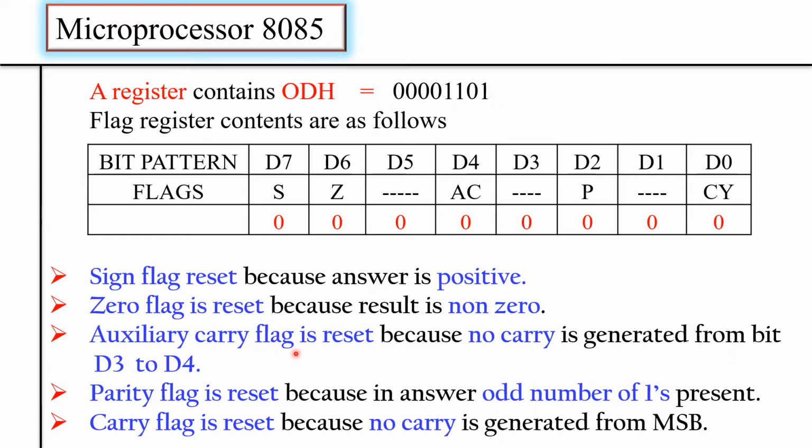The auxiliary carry flag is reset because there is no carry generated from bit 3 to bit 4 when we add the content of the accumulator with the content of register B. The parity flag is reset because the answer in the accumulator has an odd number of ones. The carry flag is also reset because no carry is generated from the MSB, the D7 bit.